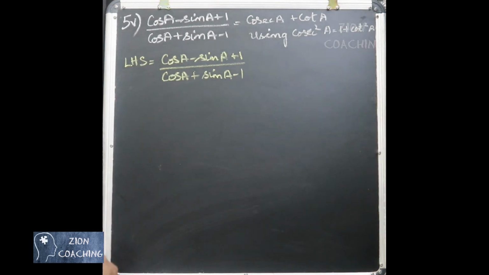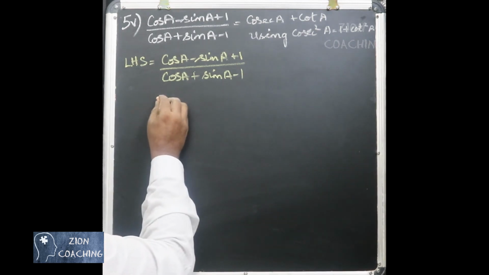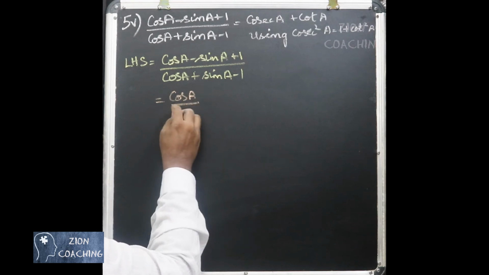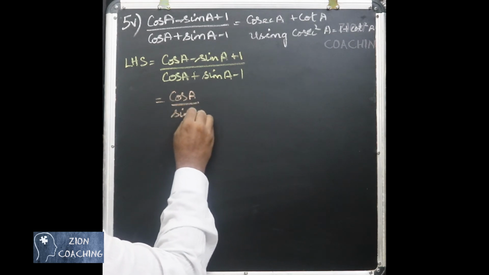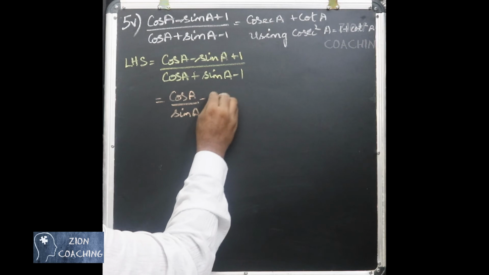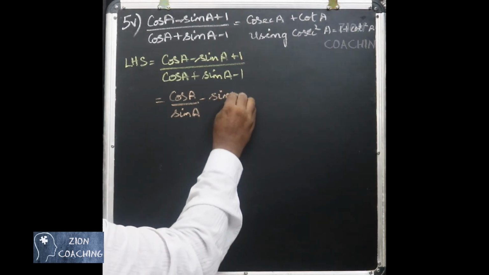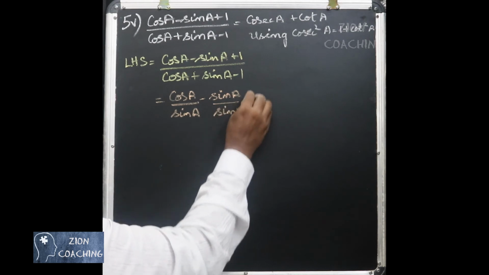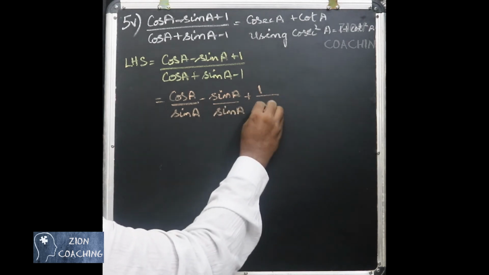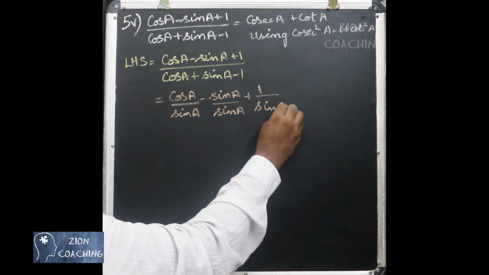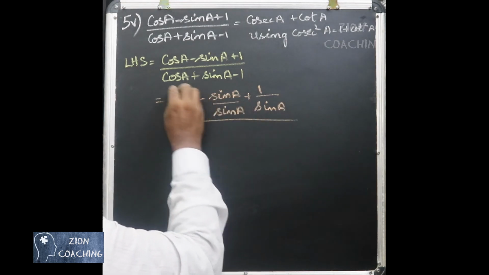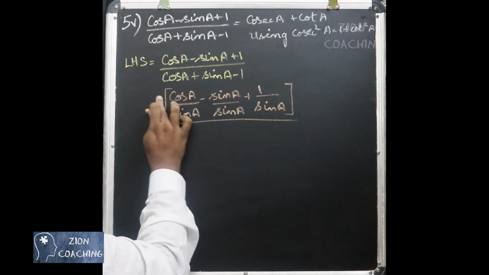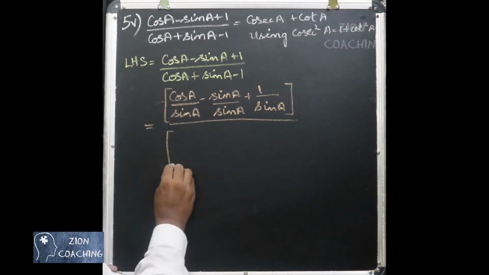When you divide, you will get cos A by sin A. I'm showing that we are dividing each and every term of the numerator by sin A, plus 1 by sin A. What we are doing here is we are dividing each and every term of the numerator by sin A. Similarly, at the same time, we have to divide the denominator also.